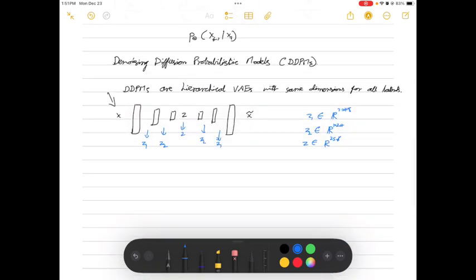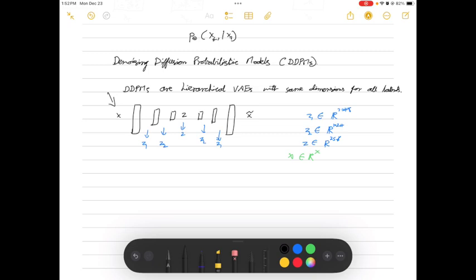So in the case of DDPMs, the latent will be X, and it will have the same dimension as the inputs. So that's a nice insight. We can draw some connections between VAEs and DDPMs and how they operate, and much of what we'll see is actually built on how VAEs operate.